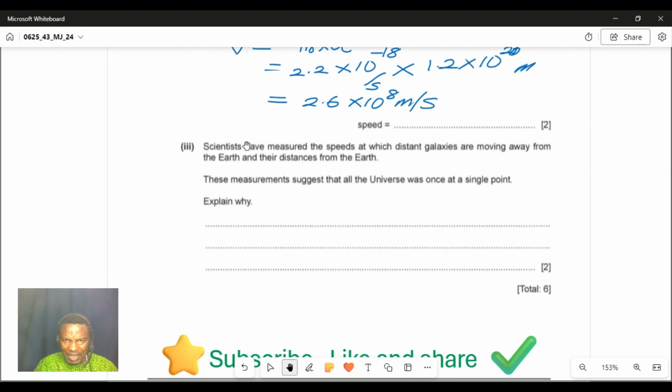Now, scientists have measured the speed at which distant galaxies are moving away from the Earth and their distances from the Earth. These measurements suggest that all the universe was once at a single point. Explain why.